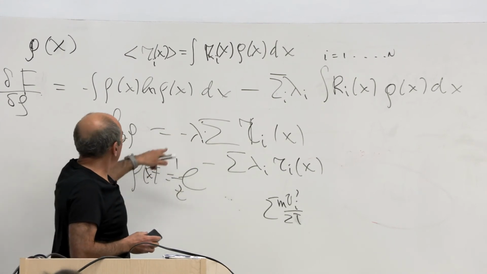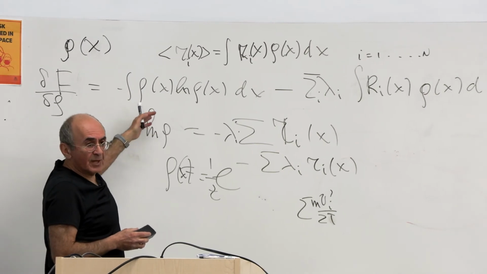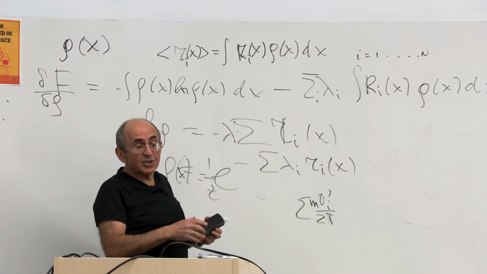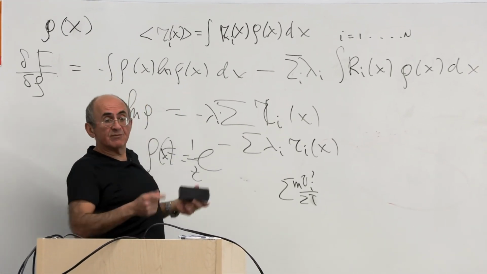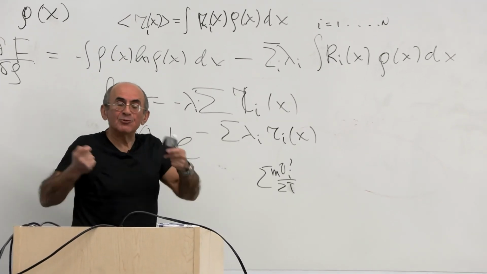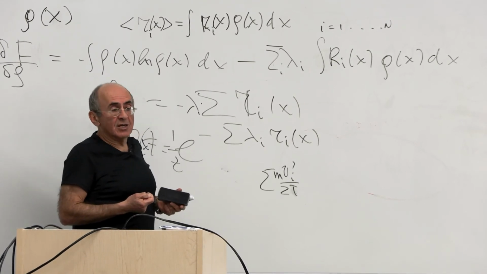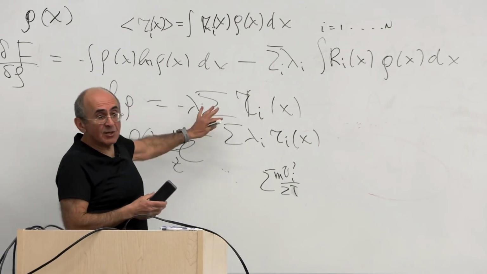Now, when you vary this and you get this equation, it could be that it has no solution, because your solution must be everywhere positive and normalizable. It happens. Then you go back to the lab and you check where you made an error in your computations. But generally, if it has a solution, it's the only solution.